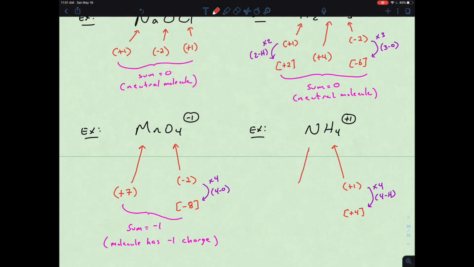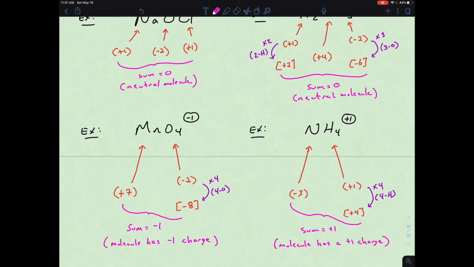It's the most electronegative, and it's in group 5A, and so it would have a -3 oxidation number. So there we see, the -3 and the +4. Our sum is equal to now +1, again, because now the molecule has a +1 charge associated with it.